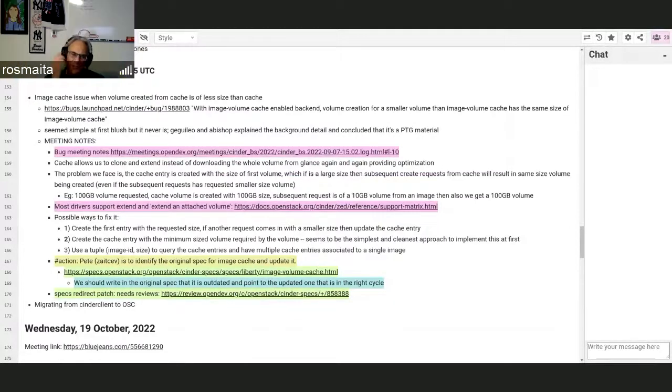The situation here is we don't need a spec for the bug that Pete's fixing. But on the other hand, we want this document to be accurate. So in case somebody goes to look at how the image cache works, they aren't misled.